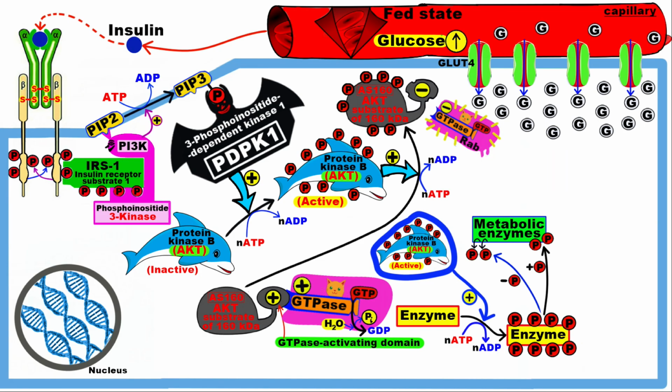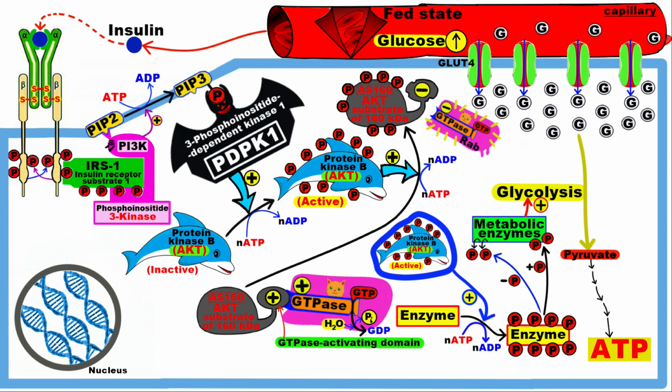These enzymes will also stimulate glycolysis. The idea is to eventually make ATP. They will also decrease gluconeogenesis.